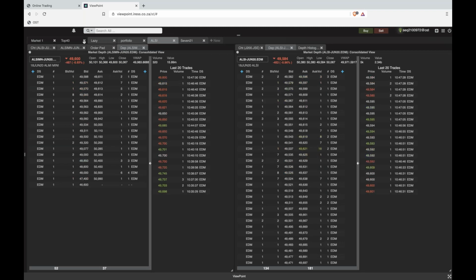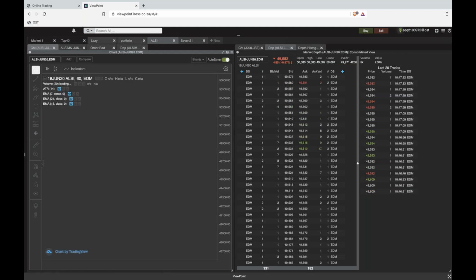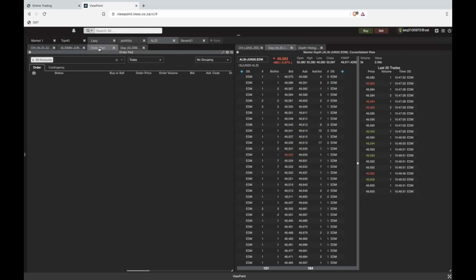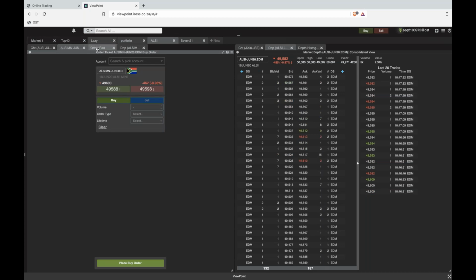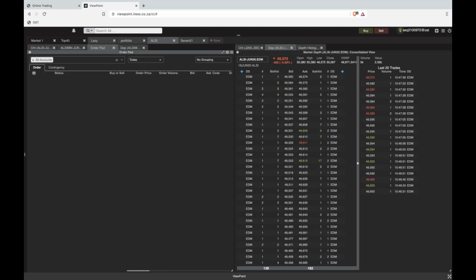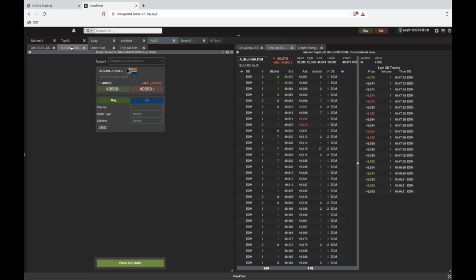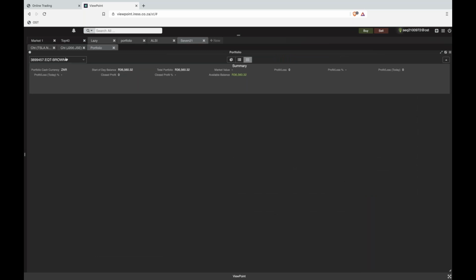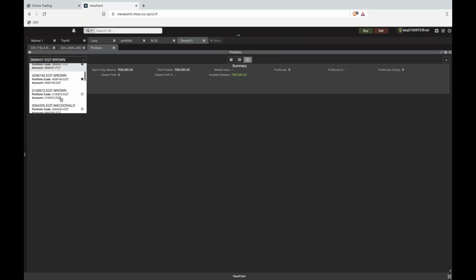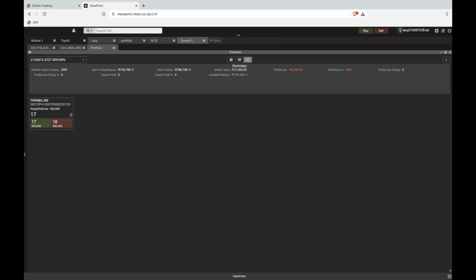When I enter Aussie trades, I can see them in my portfolio, and I've got my order pad, which shows the orders that have gone into the market, but your portfolio will reflect them as well. If I pull in an account with something in it, I'm seeing the open positions, and if I pulled in the futures, I would see CFDs or futures, be they single stock, currency, or commodity futures.